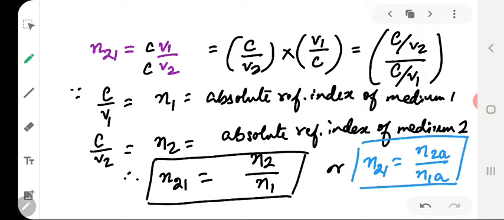So relative refractive index of medium 2 with respect to medium 1 is defined as the ratio of absolute refractive index of medium 2 to the absolute refractive index of medium 1. Now from Snell's law we know that n21 is equal to sin i by sin r.